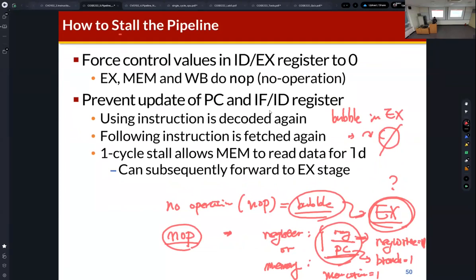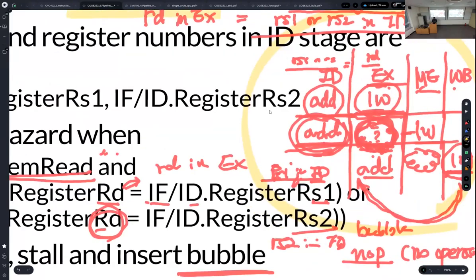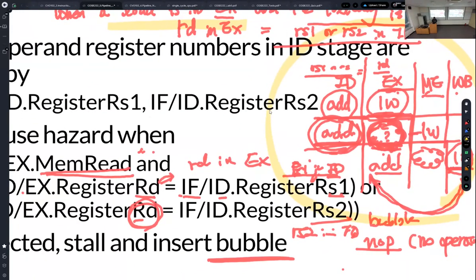The instruction is stalled when it is in the ID stage, right? If you watch the video, you can remember this figure. When the add instruction is in the ID stage and the load instruction is in the execution stage, in the normal case, in the next cycle the add instruction will be in the EX stage and the load instruction will be in the memory stage.